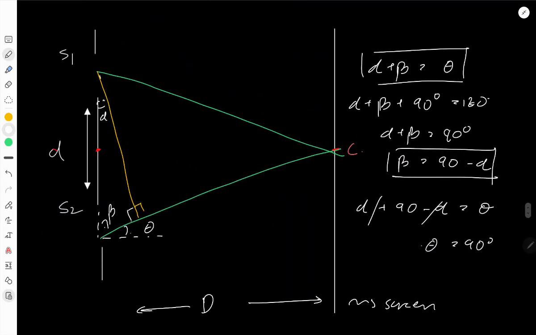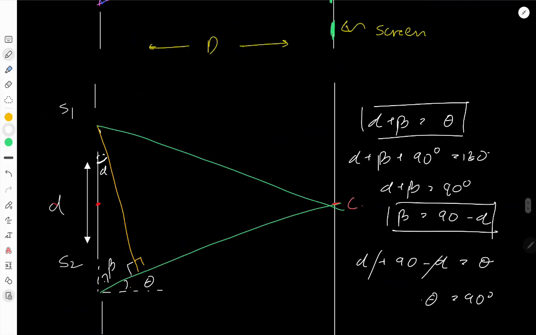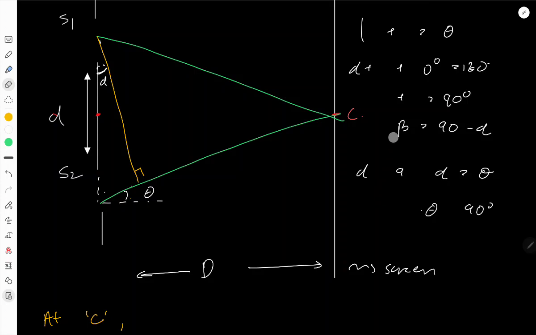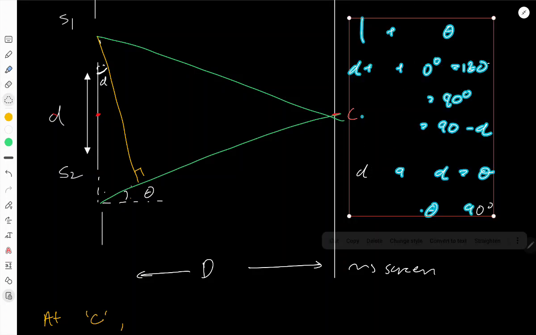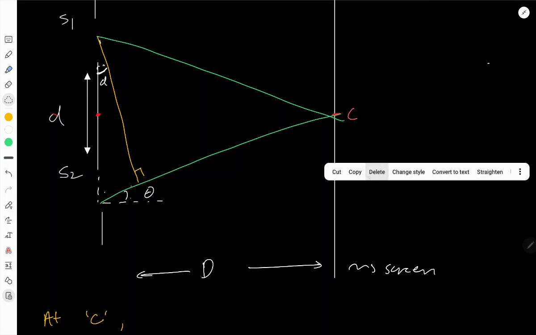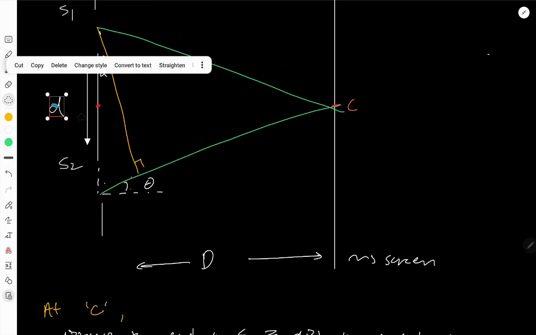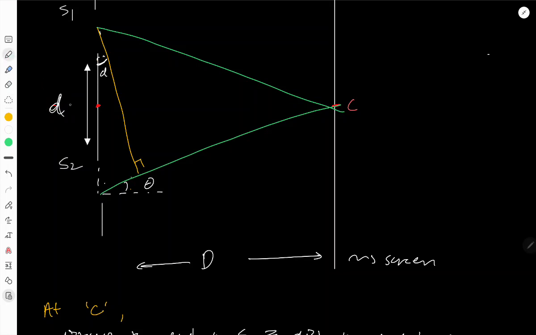That means if this is d and this is alpha, then this extra length, so now if this is d and this is alpha, this length is, we use opposite side, this is 90 degrees, so opposite side upon hypotenuse gives us sine alpha is equal to opposite side S2, let us give this a name M, S2M upon d.